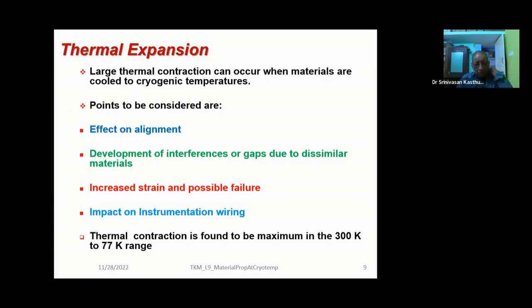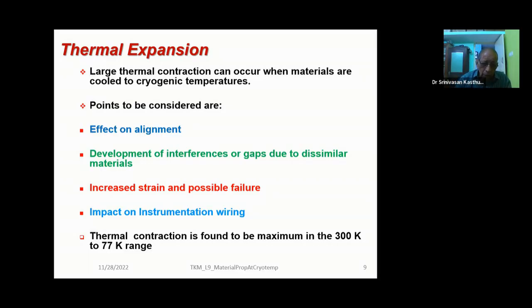If it is a material like carbon steel, sometimes it can even crack, or it can become brittle. Sometimes it can also impact the instrumentation wiring. In such cases, it will become a problem.